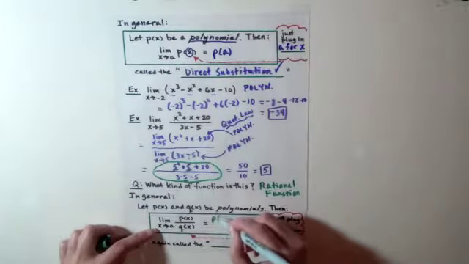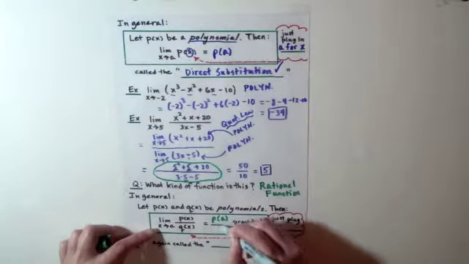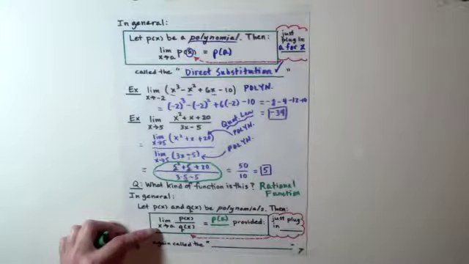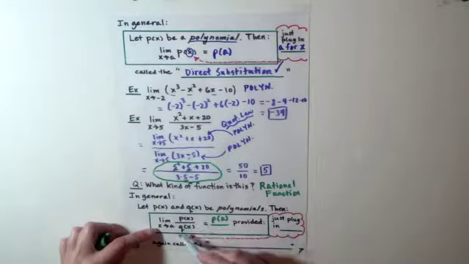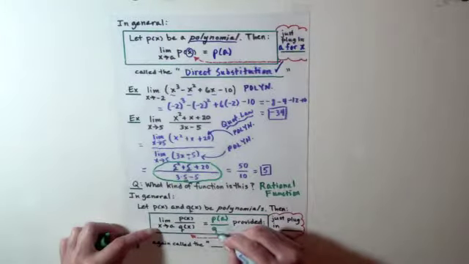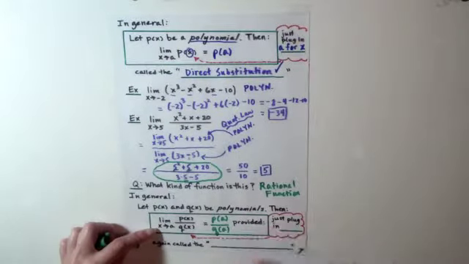It's a polynomial, so we use direct substitution. So we get p of a in the top over the limit as x approaches a of the bottom. The bottom is also a polynomial, so we use direct substitution and get q of a. That means that to find the limit of this rational function, one polynomial over another, all we have to do is replace all the x's we see with an a.